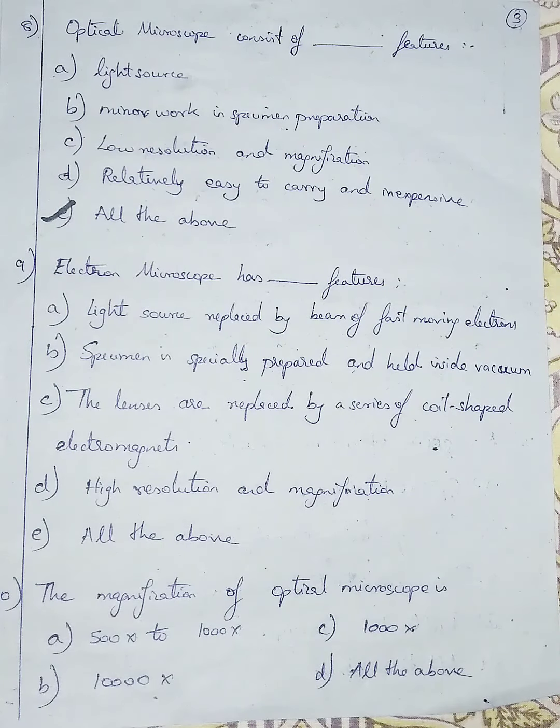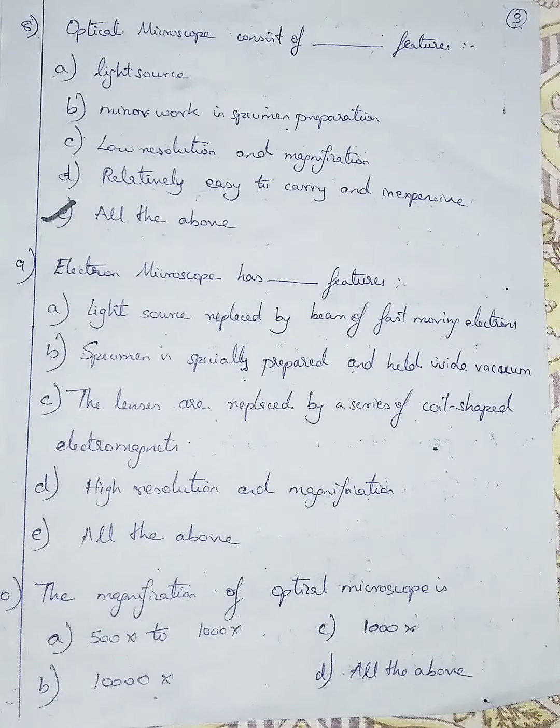So the specimen is specially prepared for vacuum. For keeping it in vacuum, you must give some special treatments to the specimen, because a normal specimen cannot be kept in vacuum.